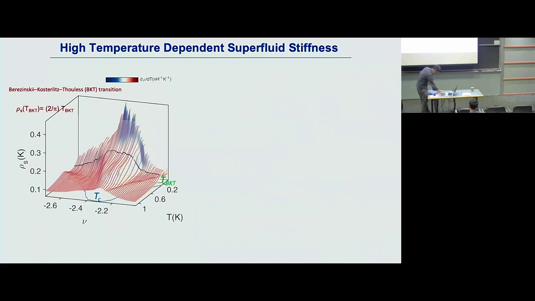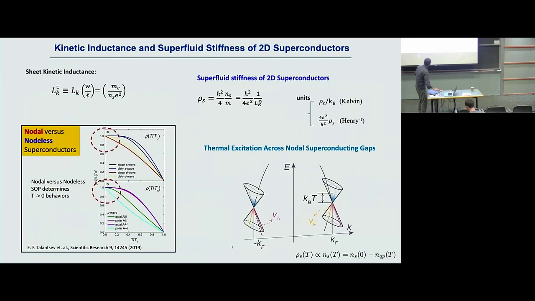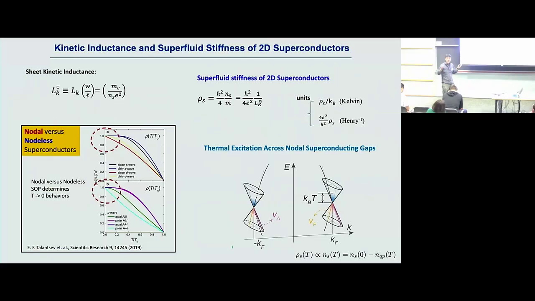So I don't know whether I have this one. At least there are some calculations, I guess, this one. Right? So people did this paper, if you just look at there, with different S wave, D wave, and P wave, and they put in clean and dirty cases. At least the conclusion I'm getting from this calculation is that if I get clean, I get more sloped, and if I get dirty, I get more flat, right?